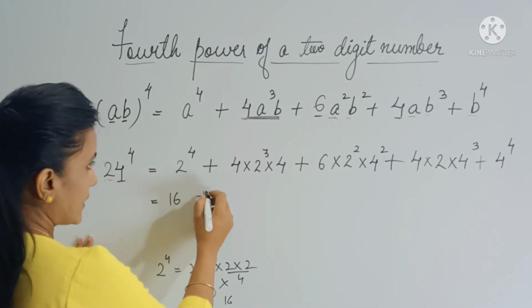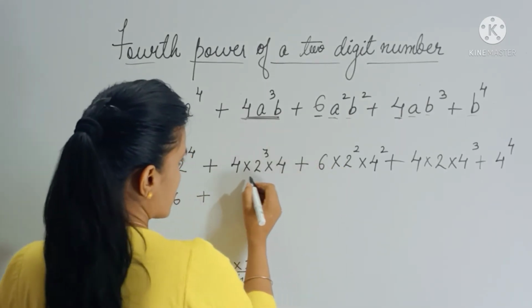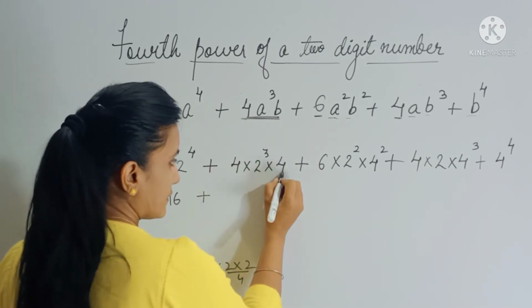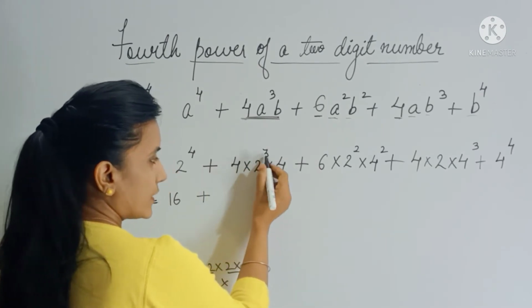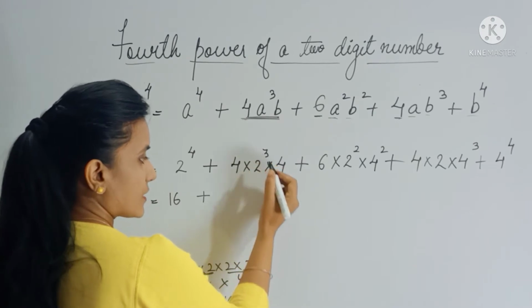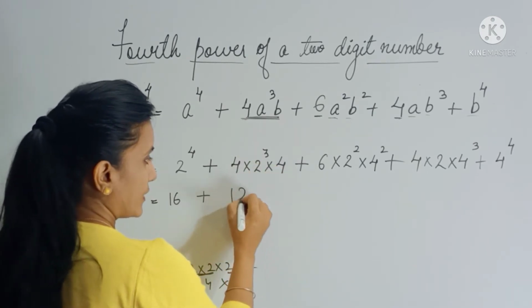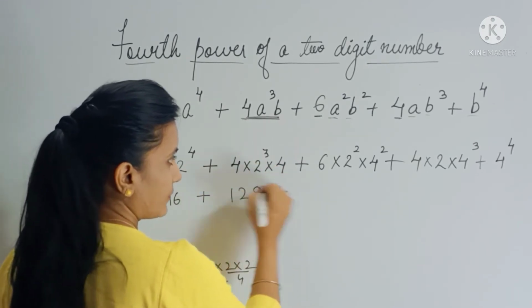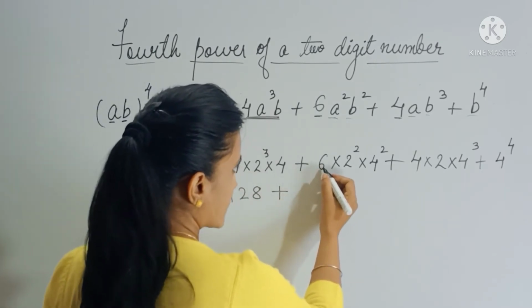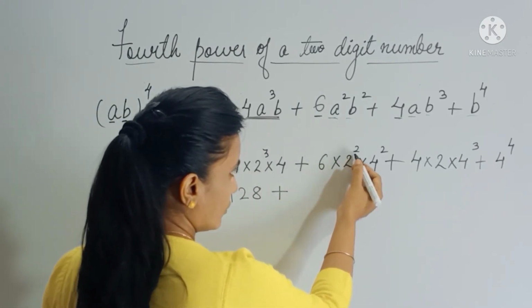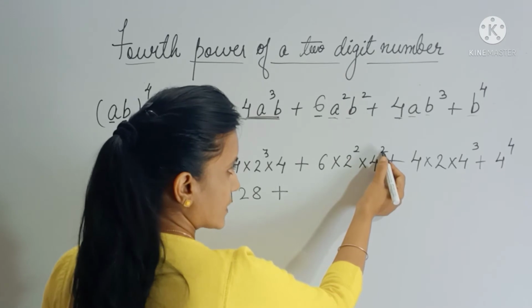Now similarly, let's calculate the rest of the numbers. Here 4 4s are 16, and 2 cube is 8, right? Now 16 into 8 gives you 128. Plus, now here you have 6, 2 power 2 is 4, and 4 power 2 is 16.